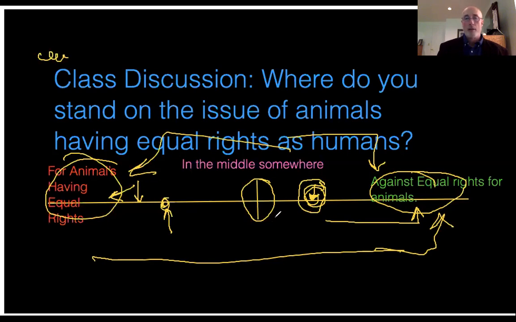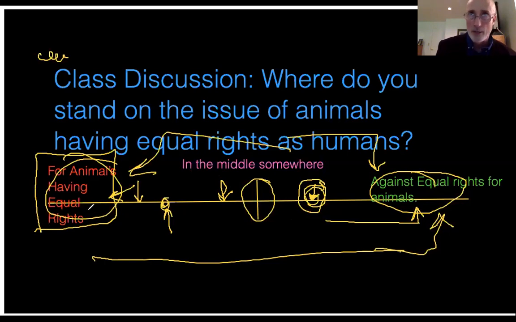Likewise, even if you were right here on this continuum, a little bit more towards animal rights, you now have the option of saying, but I'm not totally over here in this box that I'm now drawing. I disagree with 100% animal rights having the same equal rights as humans and getting the same amount of money spent on them.